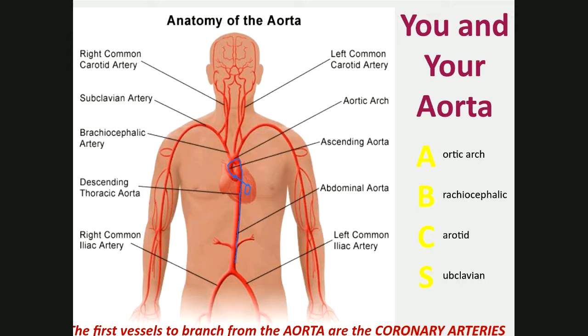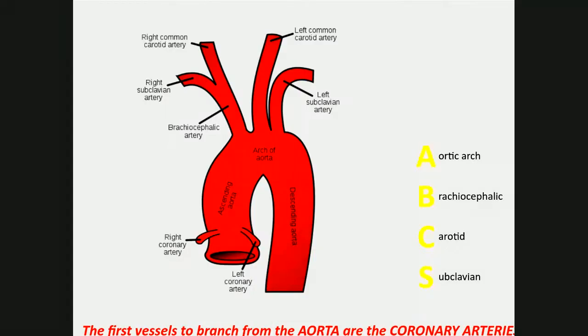I think I have a better image here. So the first vessels off of this ascending aorta are the right and left coronary arteries going into the coronary circulation. Then we have the ascending aorta.